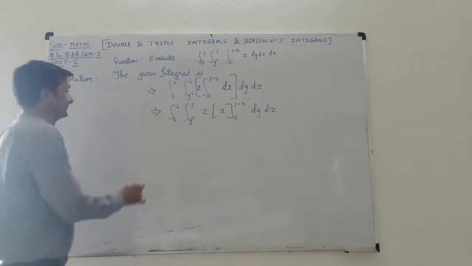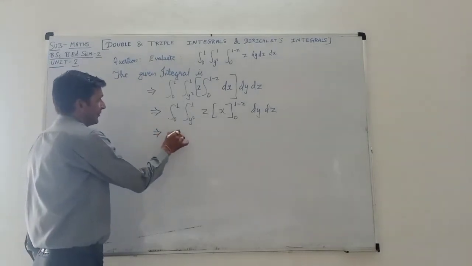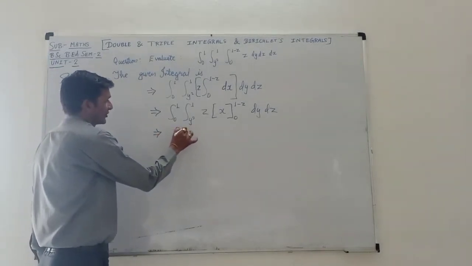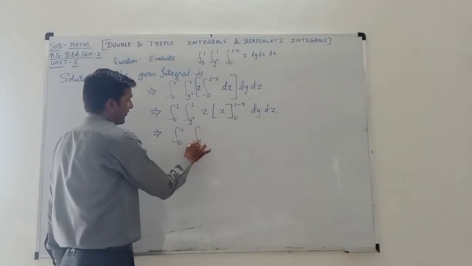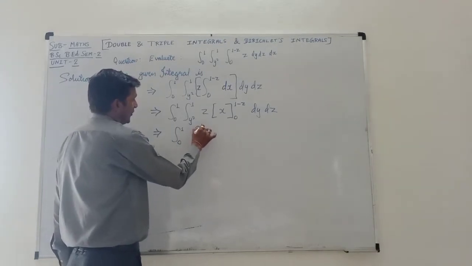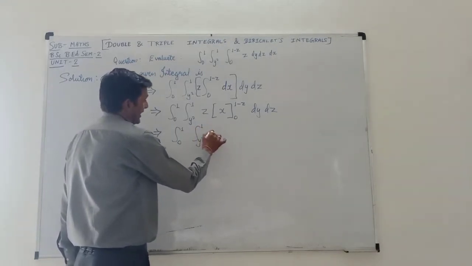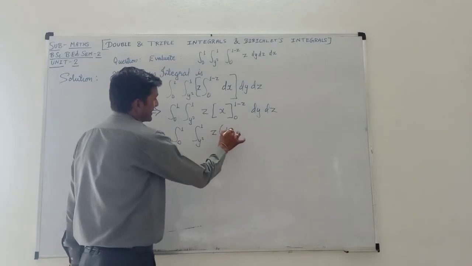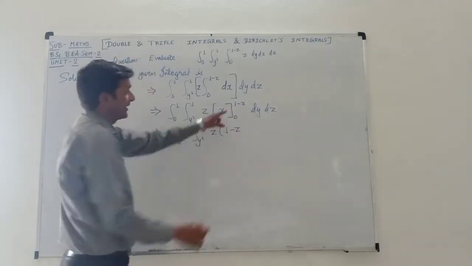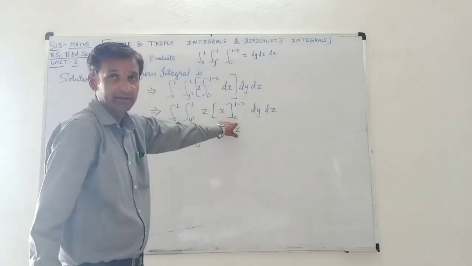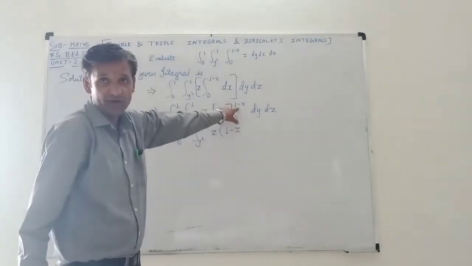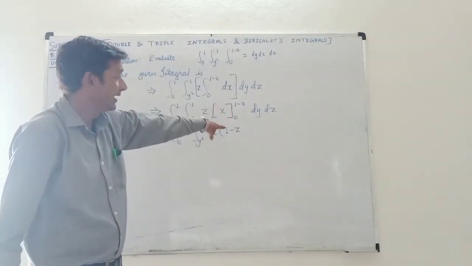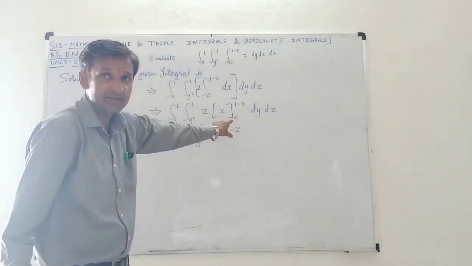Now it will become like this: integration from 0 to 1, integration from y square to 1 and z into 1 minus z minus 0, upper limit minus lower limit. This upper limit we have to put first of all, that is 1 minus z, and then minus lower limit, that is minus 0.